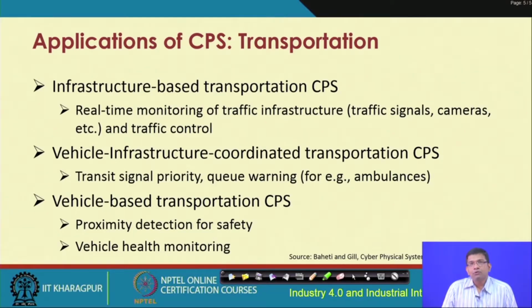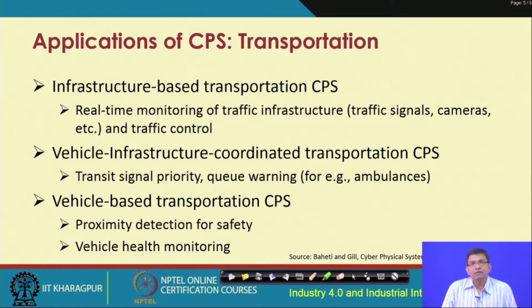Vehicle infrastructure coordinated transportation CPS is used for transit signal priority and queue warning, for example for ambulances. These are very important priority based queuing and priority based system integration. So all these things in transportation could be addressed with the help of cyber physical systems.